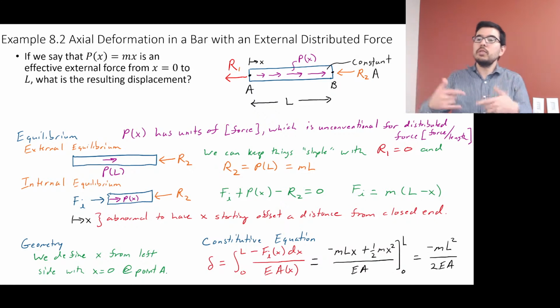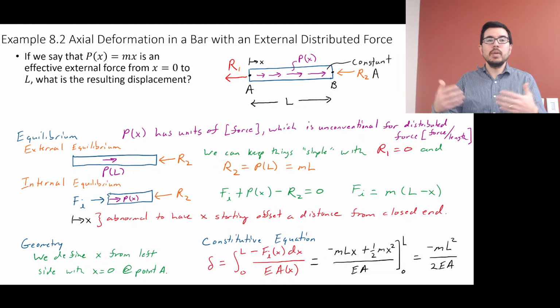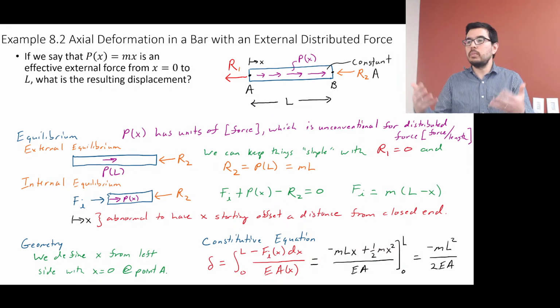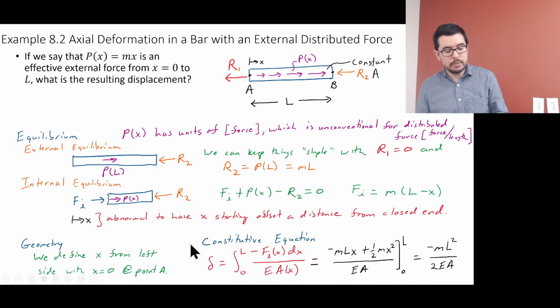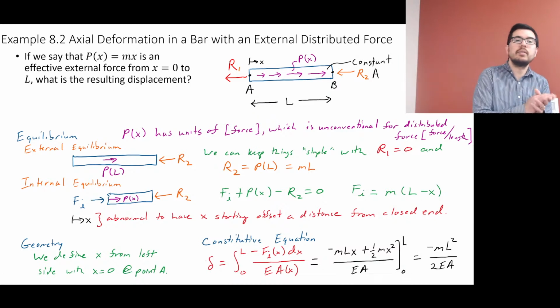Since the internal force is going into the member, that means that this bar is going to be under compression. And if it's under compression, that means that we're going to be having a negative extension. So what I did here is I just said, okay, insert this negative sign right here, and then do the integration out so that it comes out to have a negative displacement. Any questions on this?